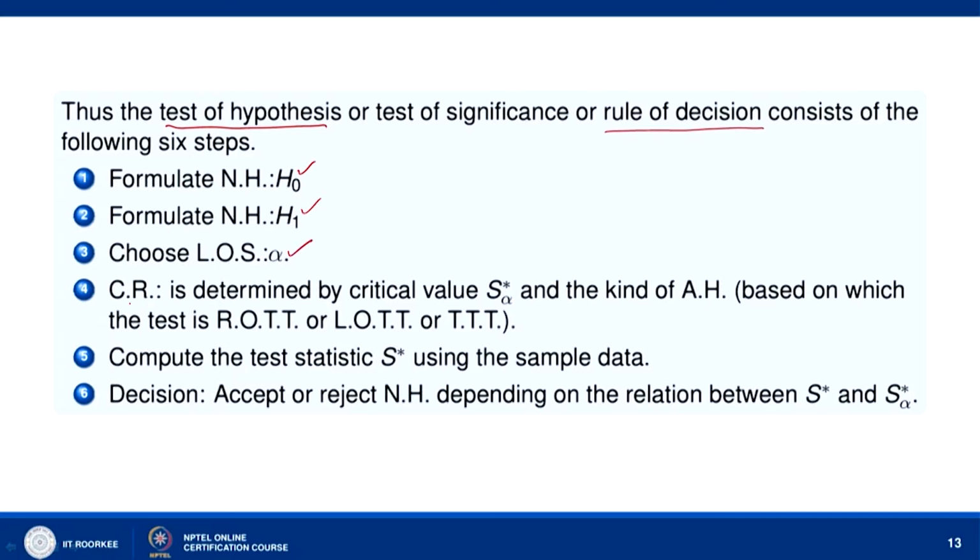Then the critical region CR is determined by the critical value S alpha star, based on whether the test is a right one-tailed, left one-tailed or two-tailed test. This has to be decided. Then we compute the test statistic S star using the sample data, and accept or reject the null hypothesis depending on the relation between S star and S alpha star.